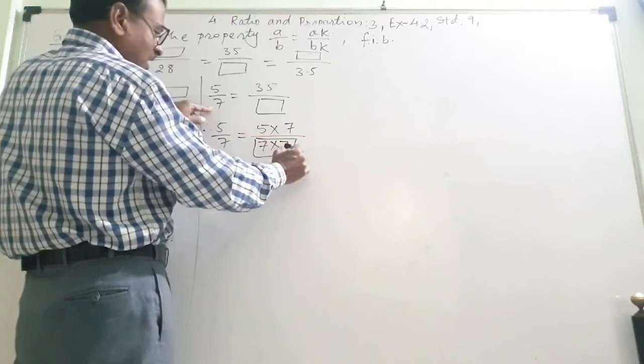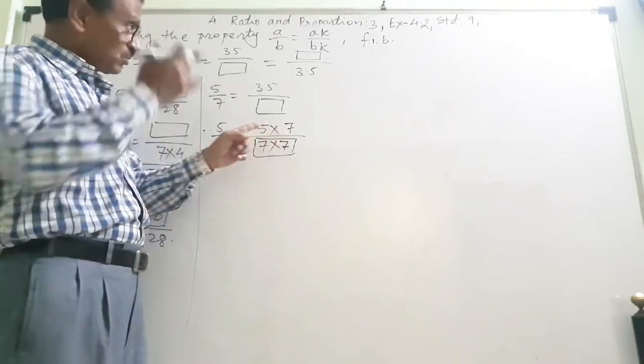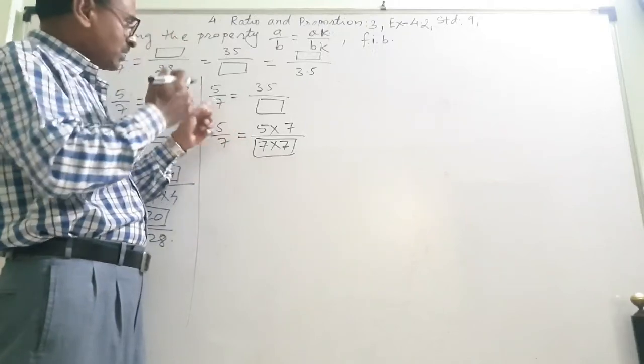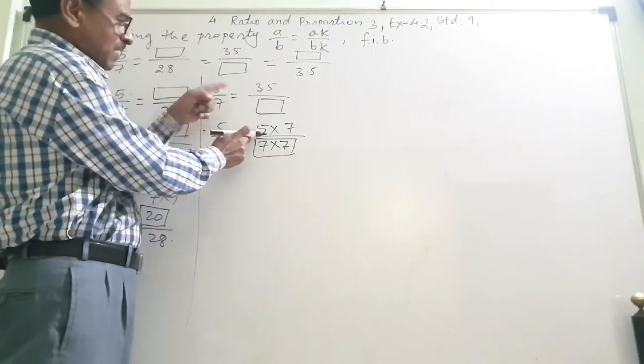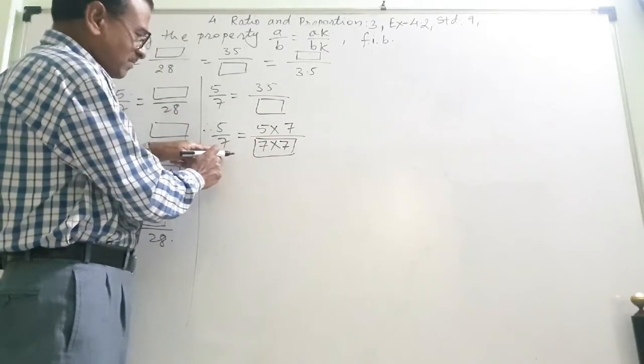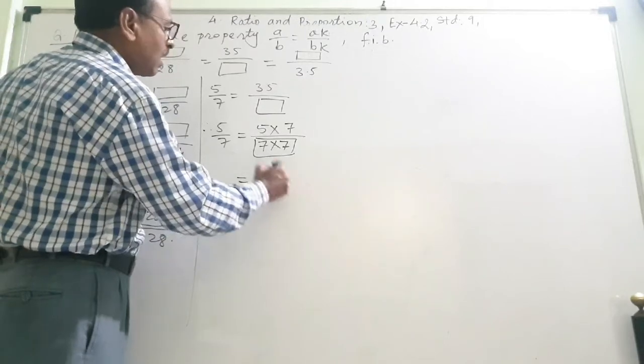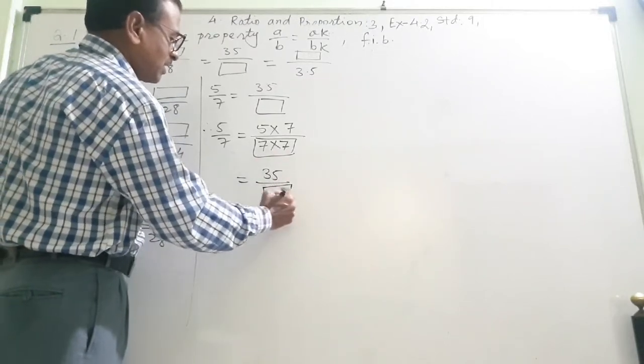Now here I am directly doing it. This 35 is nothing but 5 into 7. So the numerator is multiplied by 7, so denominator also should be multiplied by 7. So 7 multiplied by 7, 7 7s are 49, that is equal to 35 upon 49.